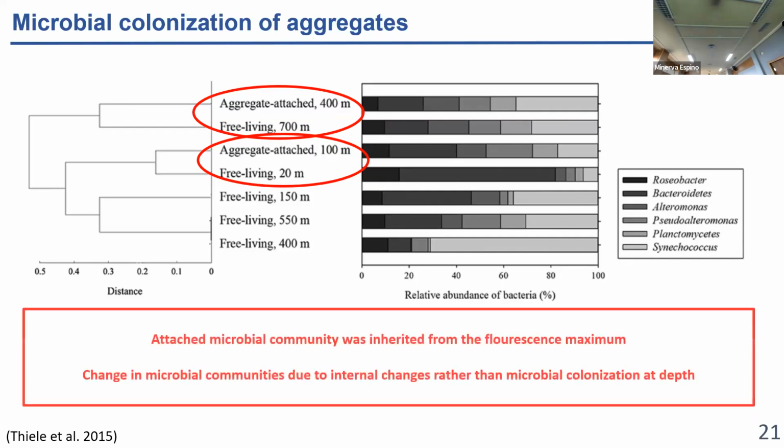So we concluded that attached microbial communities are inherited from the fluorescence maximum. But there are some changes, and these changes are due to internal competition or growth or micro niches that favor somebody more than colonization at depth.